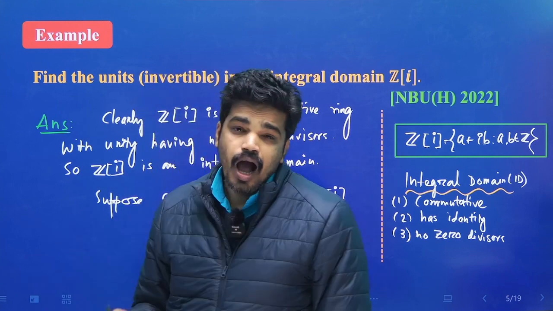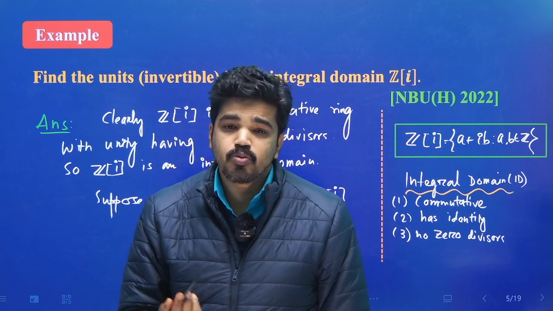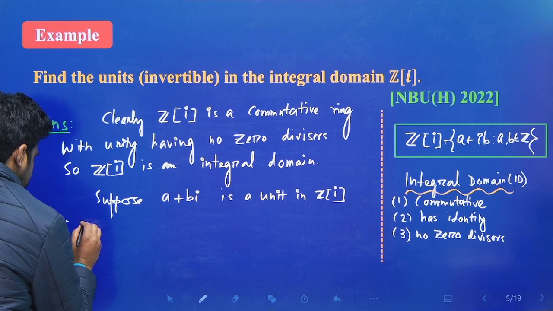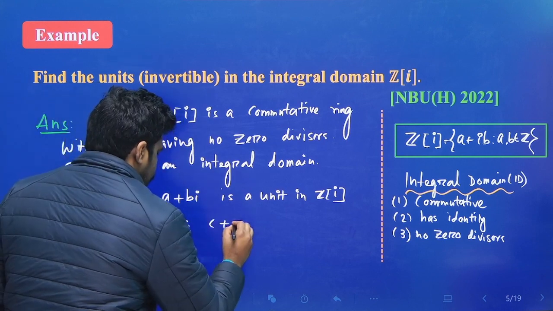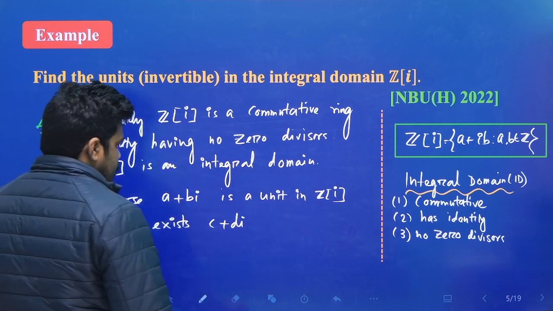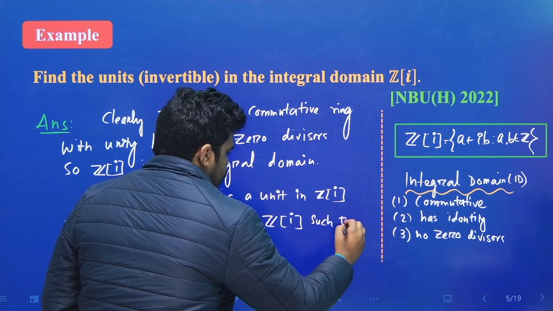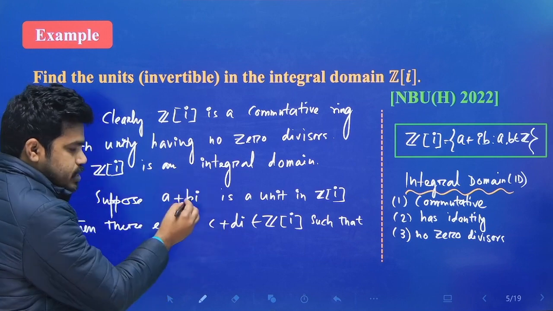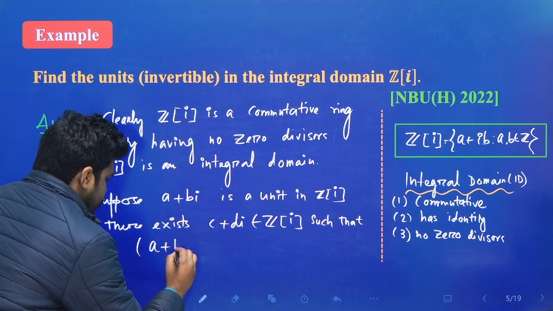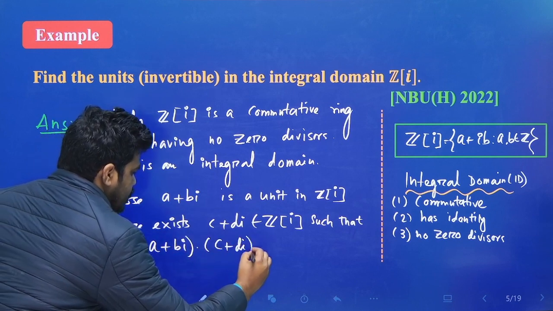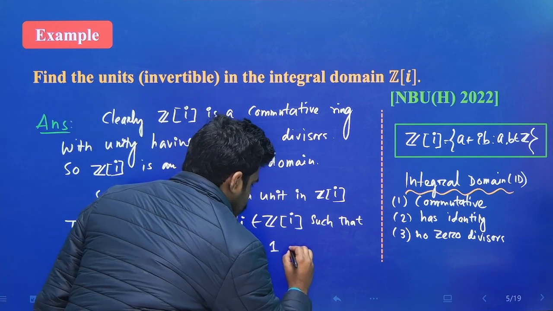So since a plus ib is a unit element, there exists another element c plus di in Zi, so this belongs to Zi, such that a plus bi dot c plus di is equal to 1. Suppose this is equation 1.